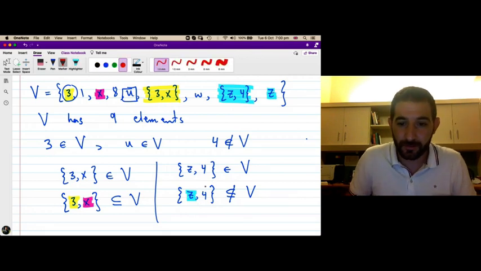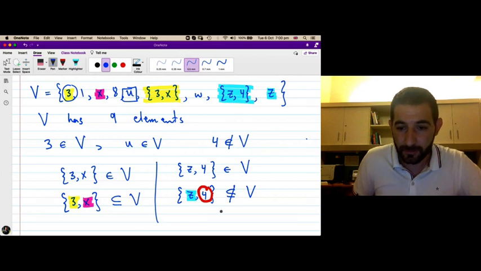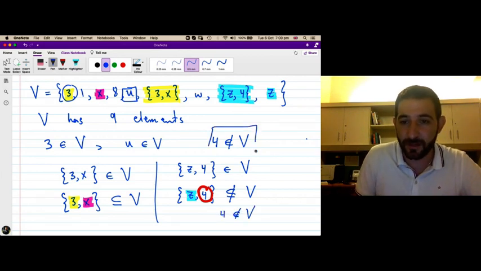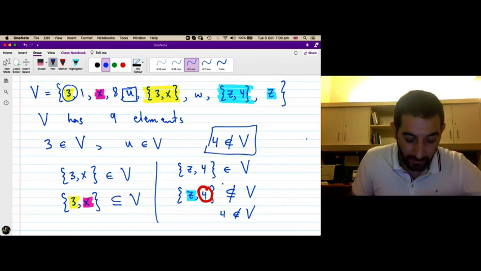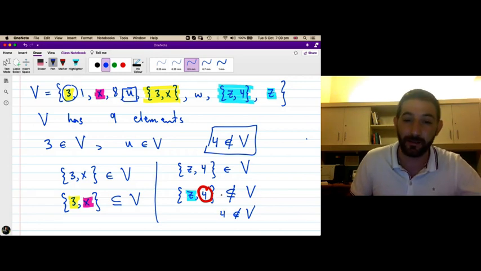But 4 is an element here, but 4 is not an element in V. We discussed this: none of the elements of V is 4. So this shows that the element 4 is an element of the left-hand side set, but it's not an element of V. And therefore, this set containing z and 4 is not a subset of V.